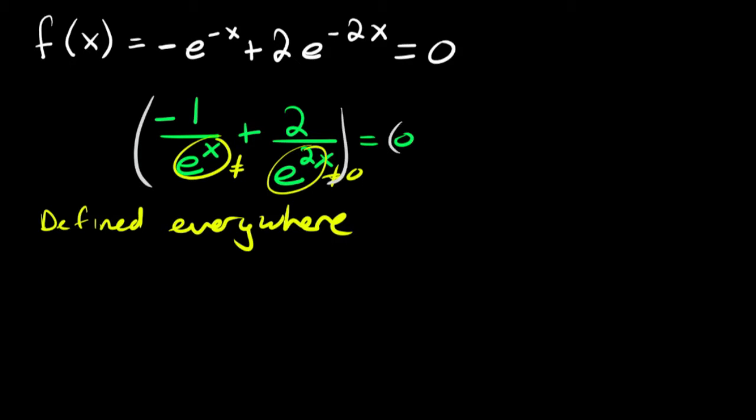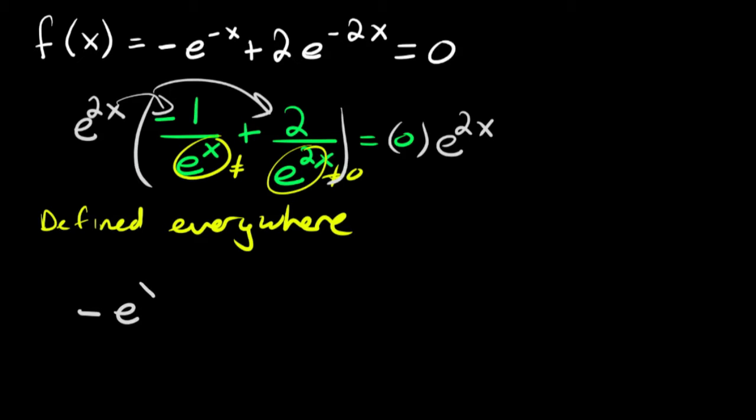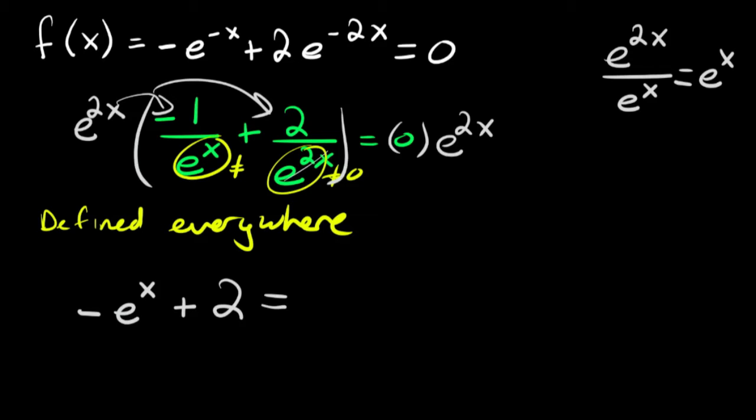If we multiply both sides by the LCD, which would be e to the 2x, and distribute, we would have negative e to the positive x, because when you reduce e to the 2x on top over e to the x, you subtract the exponents by the laws of exponents, which just gives you e to the x. And then plus 2, these cancel, and it equals 0.